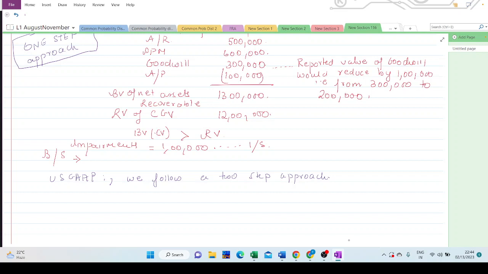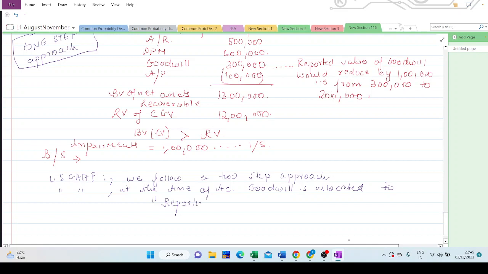So in US GAAP we follow a two step approach. At the time of acquisition, goodwill is allocated to reporting unit. अभी देखो नाम चेंज हो गया from CGU to reporting unit.